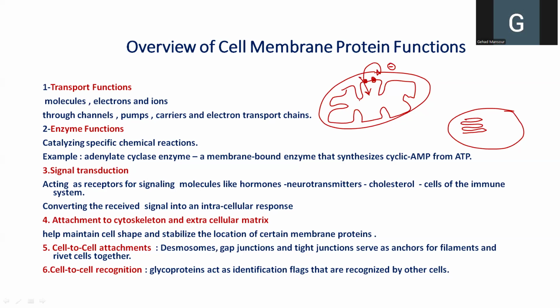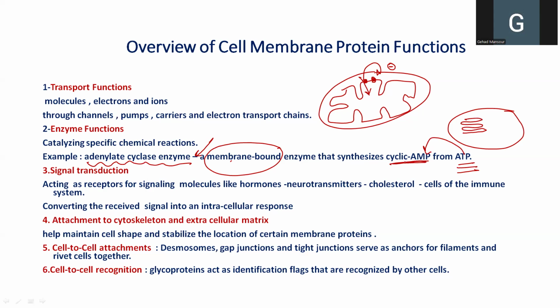But the cell membrane proteins can also have specific enzymatic function, and we will understand later on how the adenylate cyclase enzyme that is bound to the cell membrane helps converting ATP, which is not a cyclic molecule, into cyclic AMP.